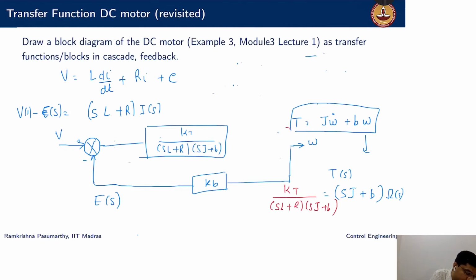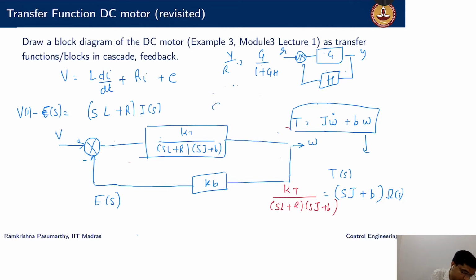And what we had seen is if I have a G and an H in feedback with the reference and the output, Y over R was equal to G over 1 plus GH. So this will now become my G, this will become my H to give my overall transfer function. So this is the block diagram representation of the system that we had seen earlier.